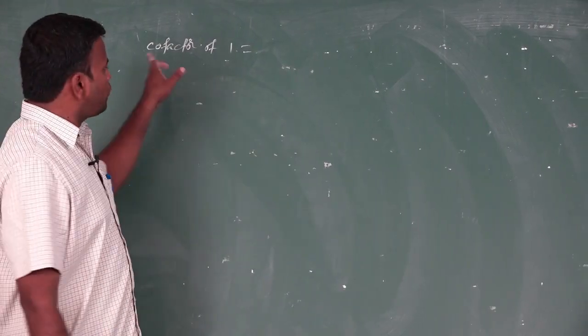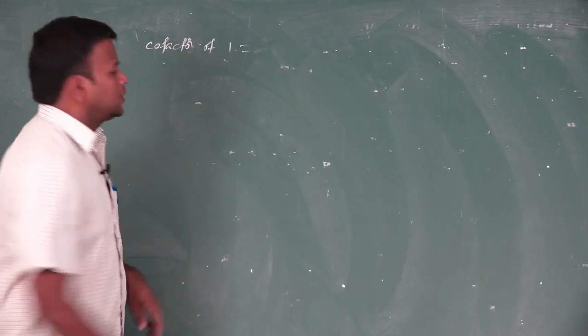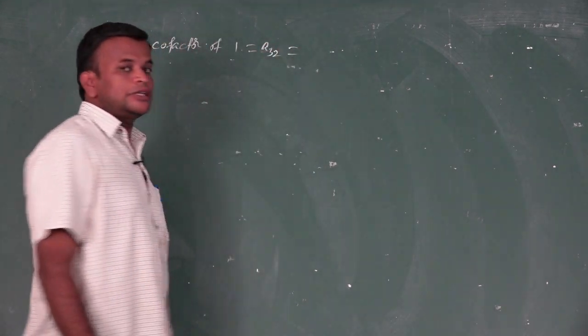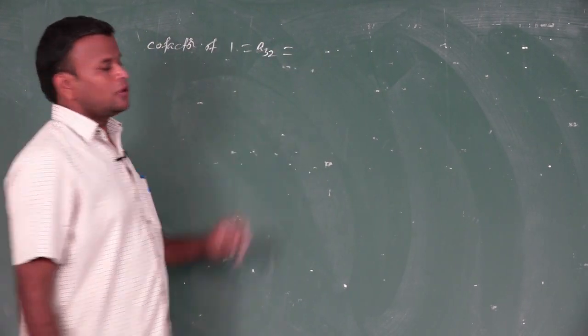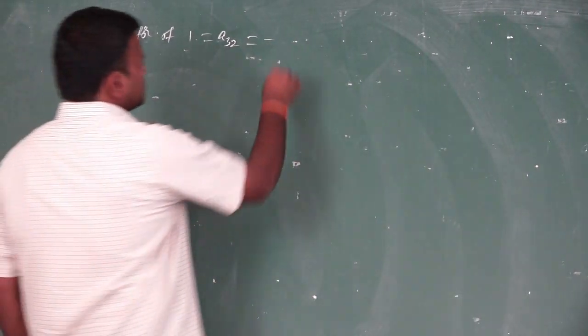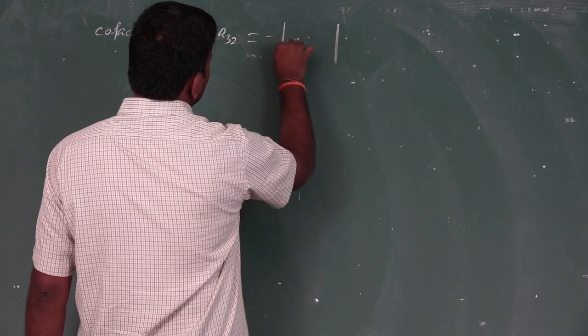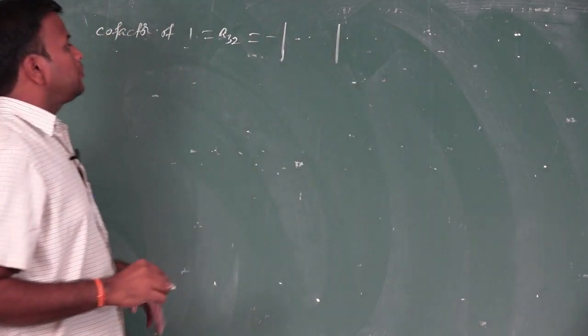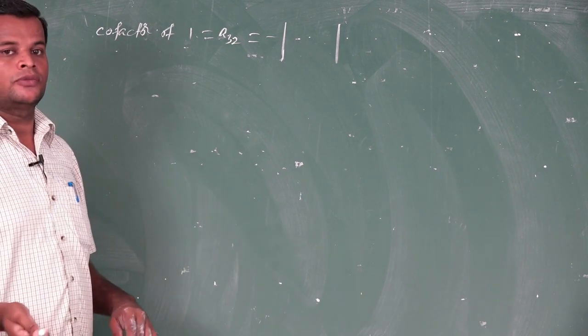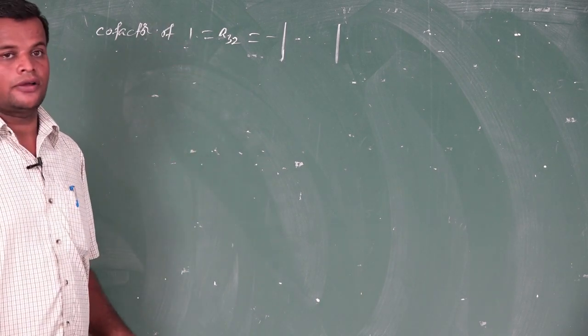Next, to find the cofactor of 1. That place value is A32, the third row, second column, whose symbol is minus. Determinant: we leave the row and column in which the number 1 occurs, the third row and second column.